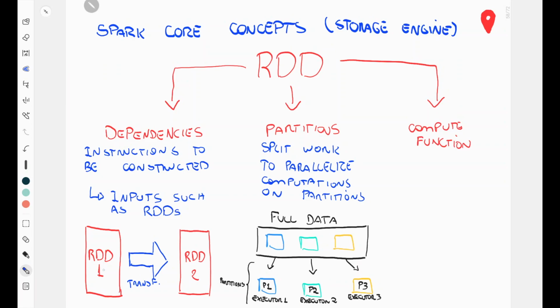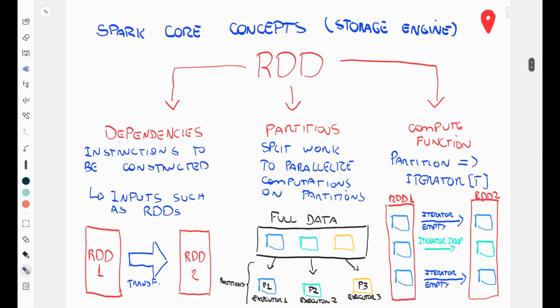So, for instance, in the same situation as here, you would get the RDD one, and you would have its data partitions, 3 in this case, and you would partition the execution. So you have 3 executors for it. So you have the partitions being leveraged to be executed quicker.